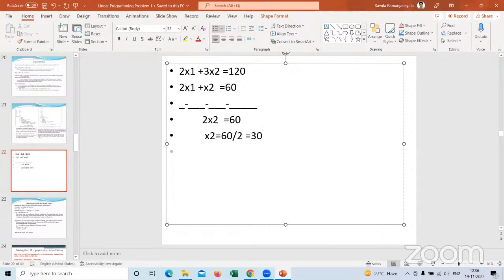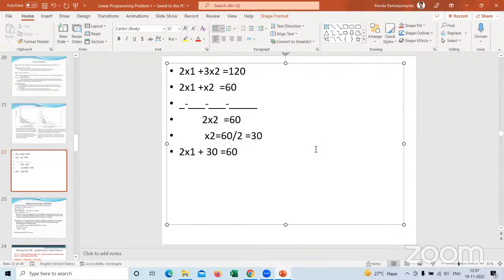If this x2 value is substituted in any of the equations, solving the equation you know, but I want to explain this for those who are new to this subject. 2x1 plus, in the place of x2, if you take 30, which we got already, is equal to 60.